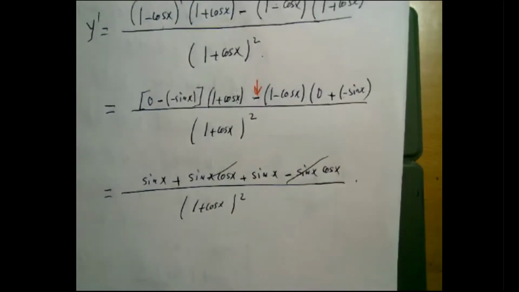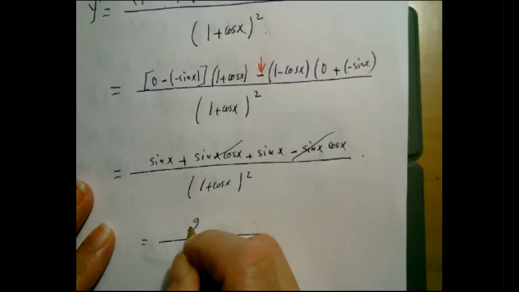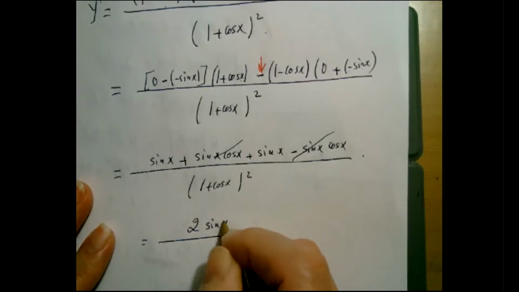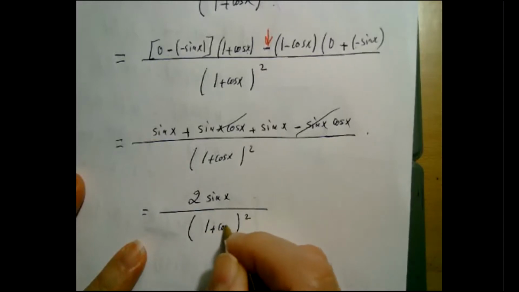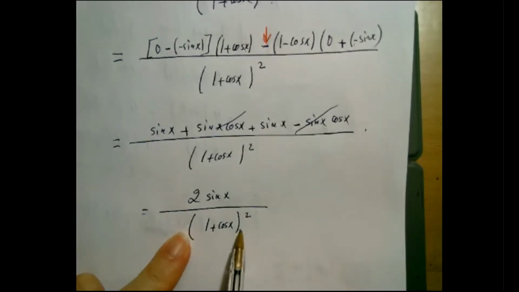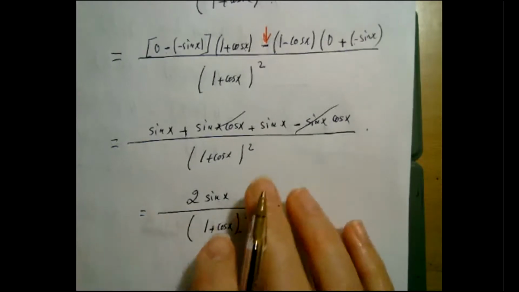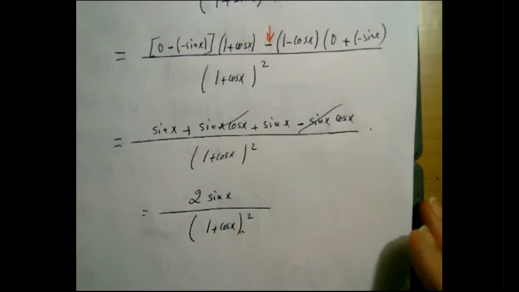So plus and minus basically cancel each other out, and I will be left with 2 sine x over (1 plus cosine x) squared, end of the problem. Okay. Never distribute the denominator if it's squared. So if the denominator is like this, never distribute it. You just keep it to the power 2 and end of the problem.